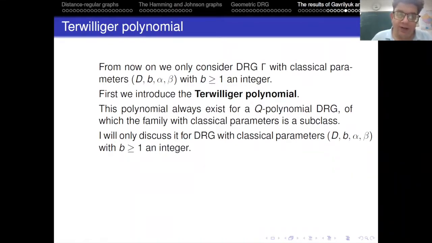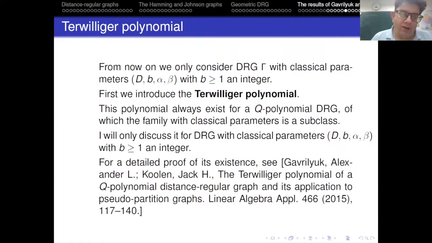I'm sure somebody already defined what Q-polynomial is, but if you don't know, we just stick with classical parameters. That will be good.